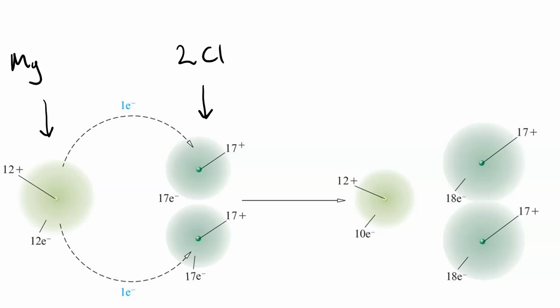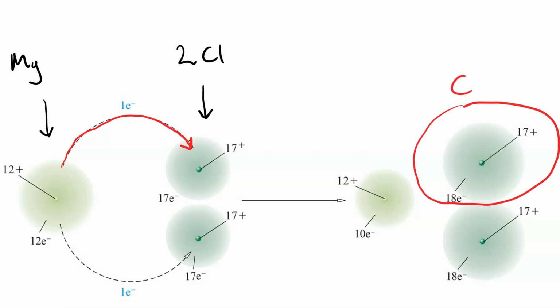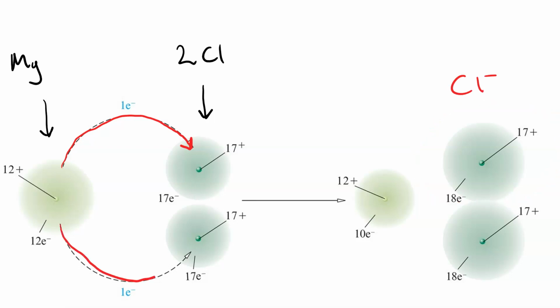Now 1 electron from magnesium goes to one of the chlorine atoms, turning it into a chloride ion. And another electron from magnesium goes to the other chlorine atom, making the other chloride ion. These still have 17 protons in the nucleus, but now they have 18 electrons.